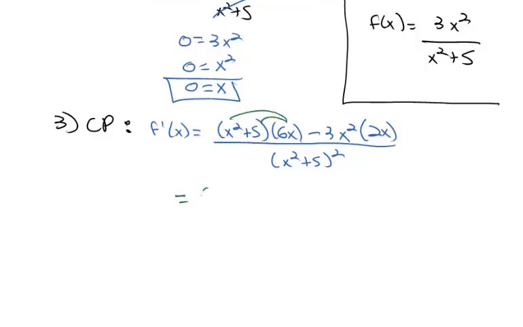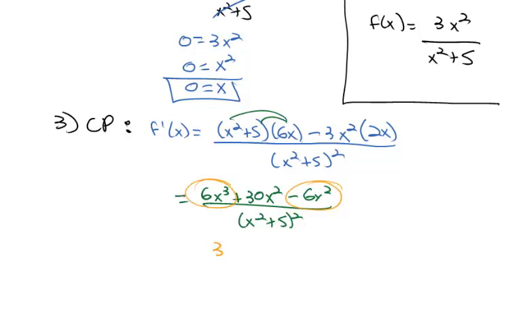Distributing through, we get 6x cubed plus 30x squared minus 6x cubed over our denominator x squared plus 5 squared. Which is nice because 6x cubed minus 6x cubed is 0, so we really have 30x squared over x squared plus 5 squared.